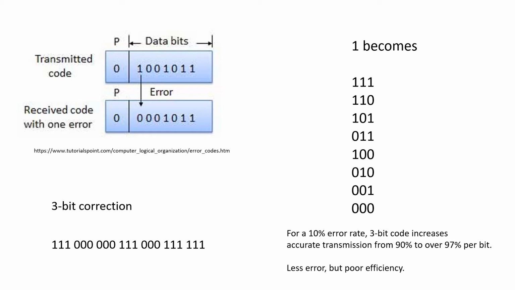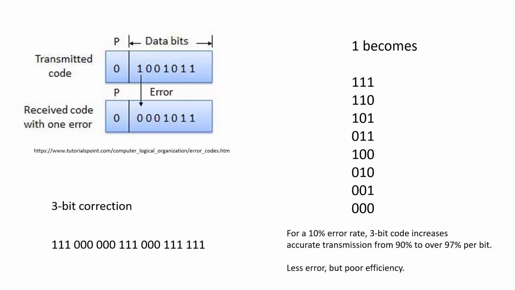Well, in computer science, there are very complex algorithms to do this. If you've studied computer science, you know, for example, about Hamming codes, named after Richard Hamming from Bell Labs. But for our purposes, let's just think about a very, very simple approach. Let's say we're going to use a 3-bit correction algorithm.